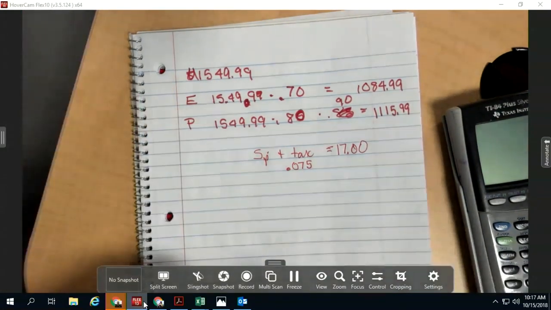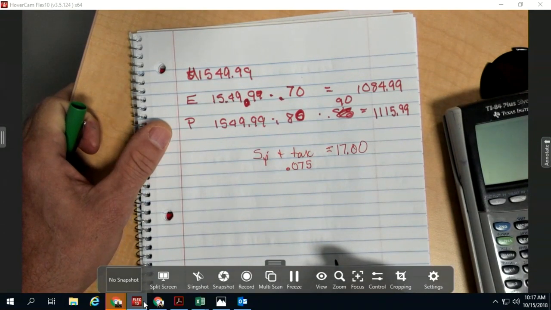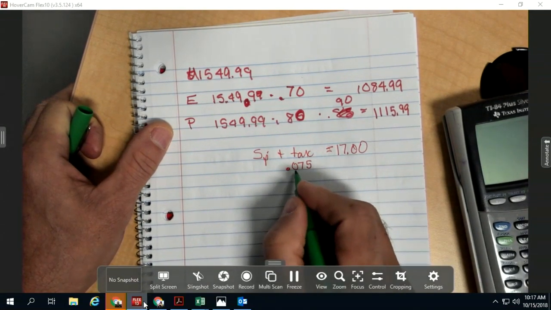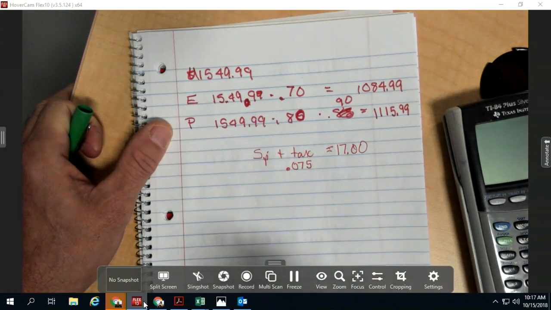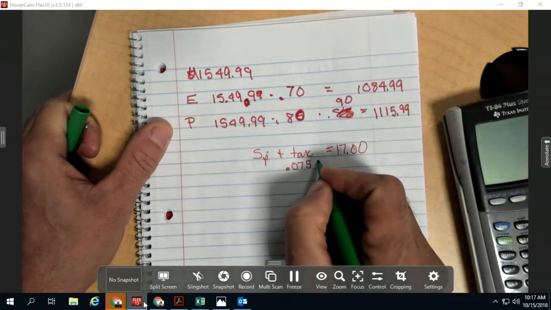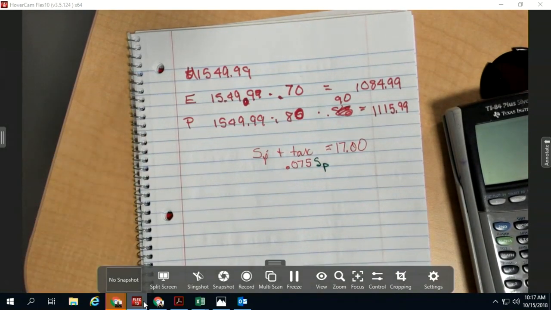This is the important thing that people miss. This makes it seem like it's 7.5 cents, right? It's not 7.5 cents. It's 7.5% of the selling price, right?